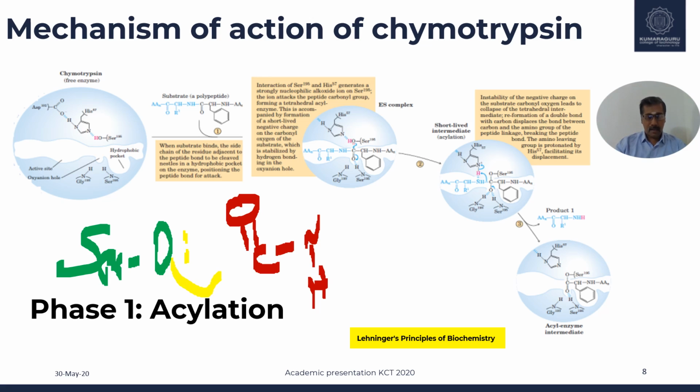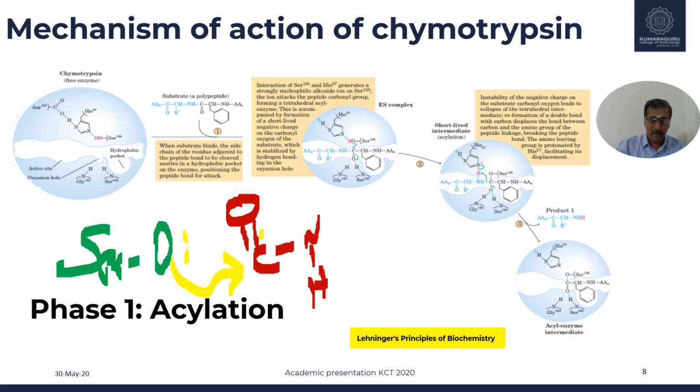This has to make an attack over here, on this carbon. This is a nucleophile, so you have to create an electrophile. So how will an electrophile be created? When you compare oxygen and carbon of the carbonyl group of a peptide bond, oxygen is more electronegative than carbon. So oxygen will grab or steal the electron that belongs to carbon.